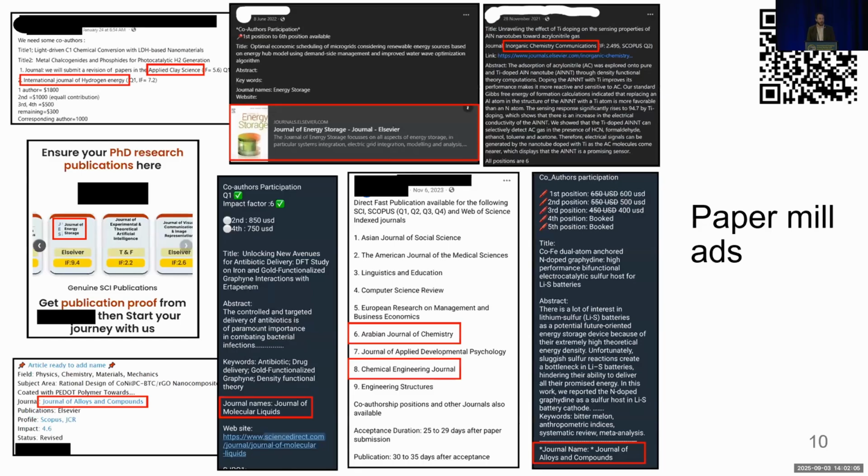And finally, among the journals for which we found the most problematic articles, we also noticed a lot of these journals appeared very frequently in paper mill advertisements, where they were held up as this is a place where you can get your article published for a fee. You'll notice that many of them are Elsevier journals.